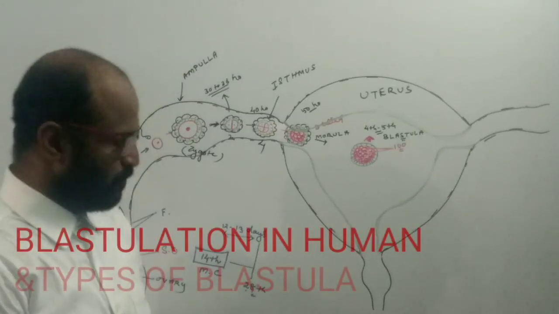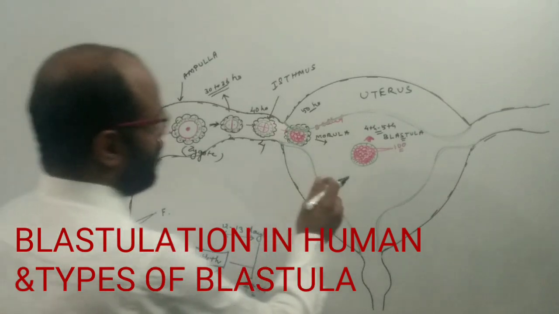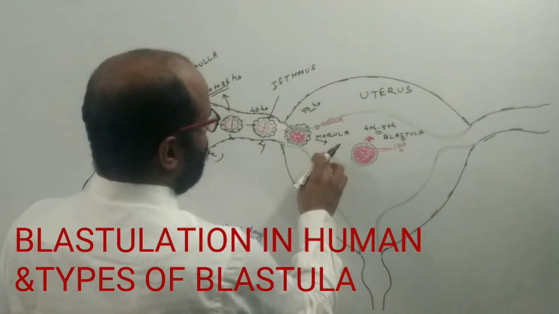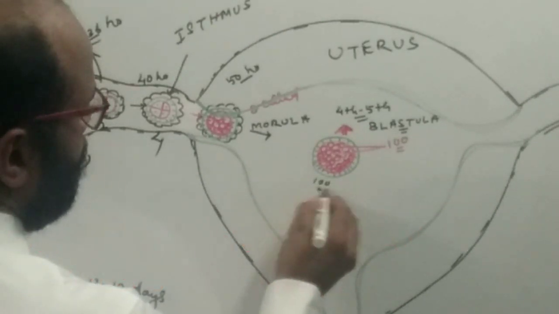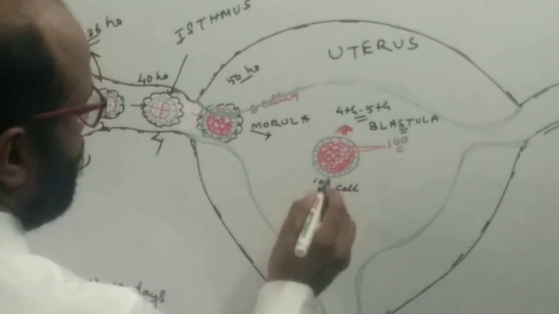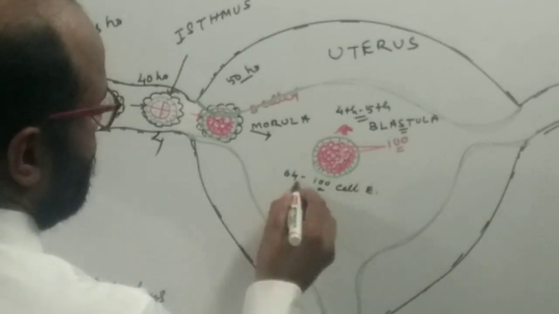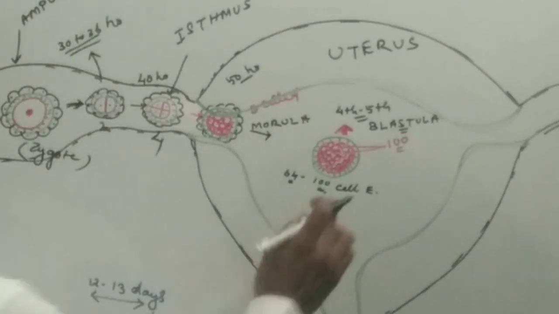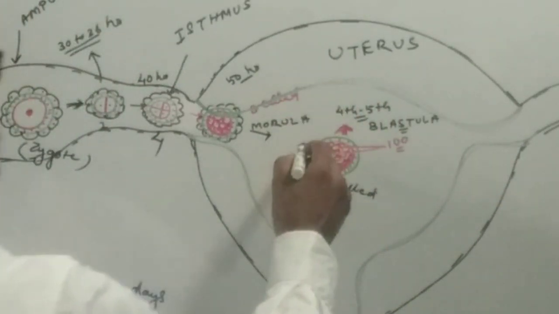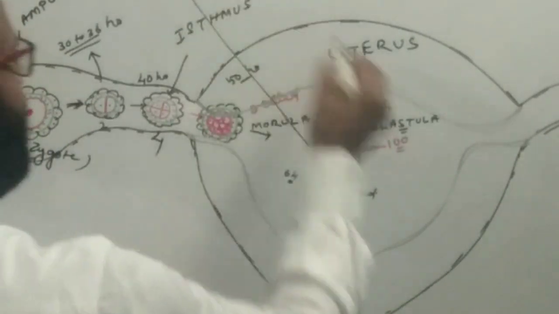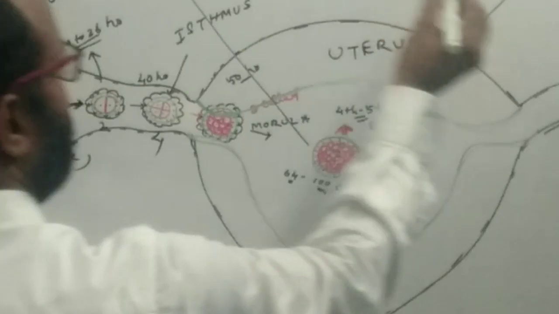Now come to the process of blastulation. The morula converts into a 64 to 100 celled embryo, which floats inside the uterus for about 3 days, and in these 3 days a number of changes will happen.